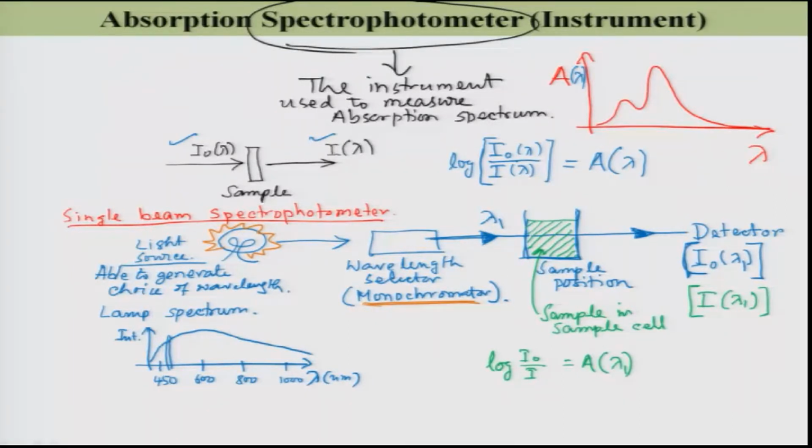So, it looks very simple, looks very much fine, but there is some problem with such a setup. First of all, take that lamp I showed over here, let us say the tungsten filament lamp.